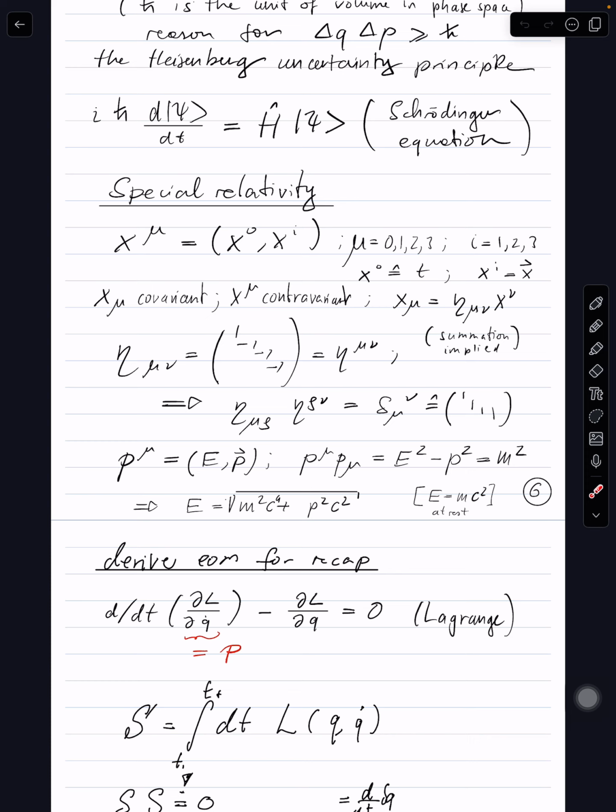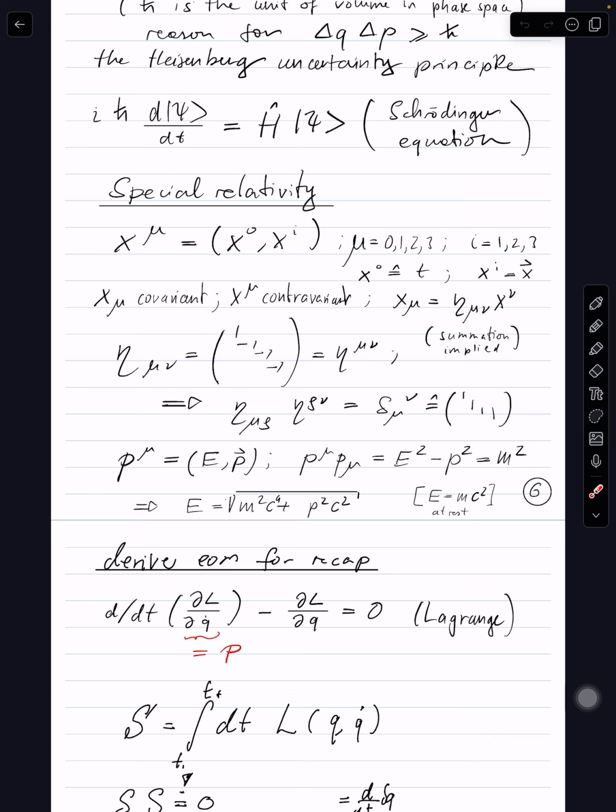In special relativity, the metric matrix is a simple matrix with a 1 in the first, temporal position, and negative ones on the diagonal in the purely spatial positions. Multiplying two metrics together, we can show that we get just the diagonal matrix that we denote with a Kronecker delta mu nu.